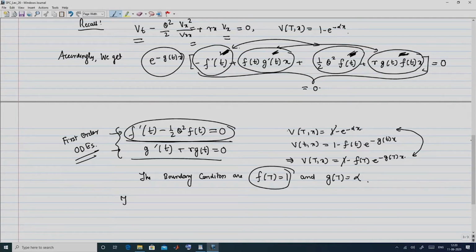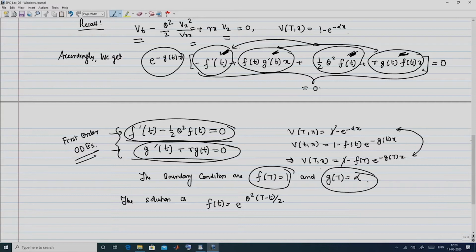Then we can solve this first order ODE subject to this condition. For f of t, the solution is f of t equal to e raised to theta square into T minus t over 2, and then we can solve the equation for g with respect to this condition, which gives g of little t as alpha e raised to r of T minus t.